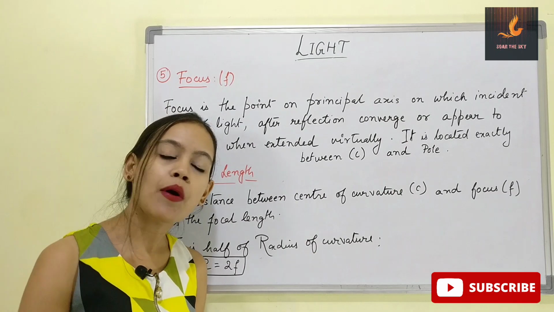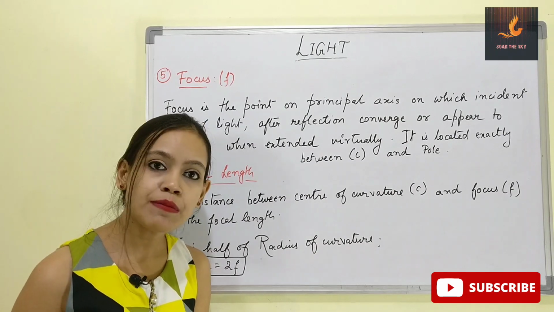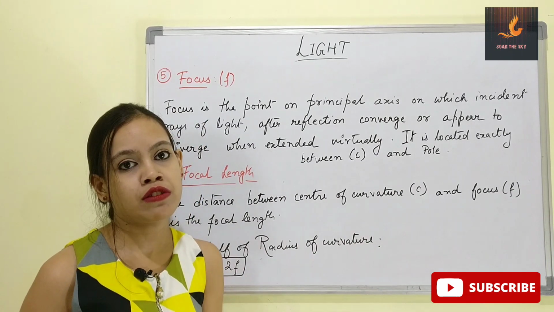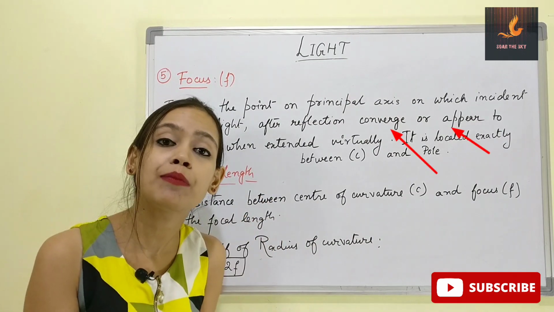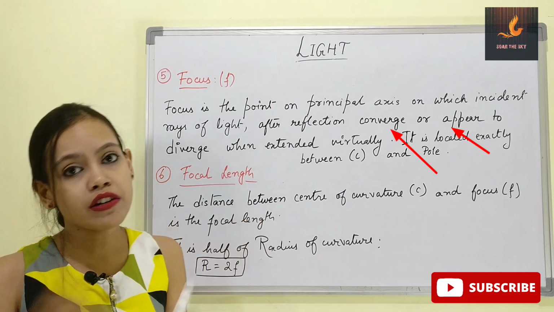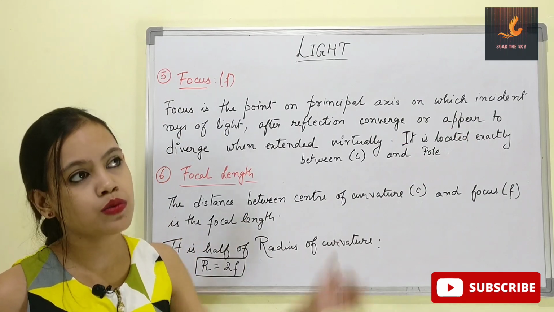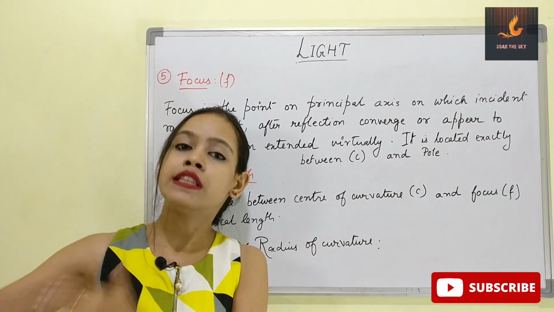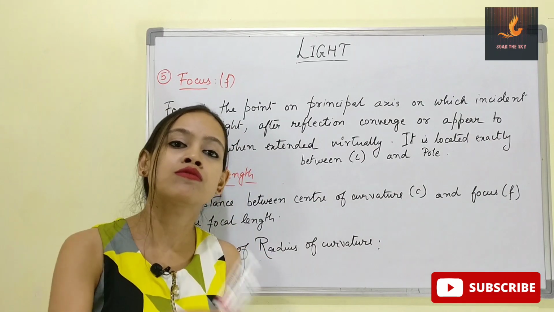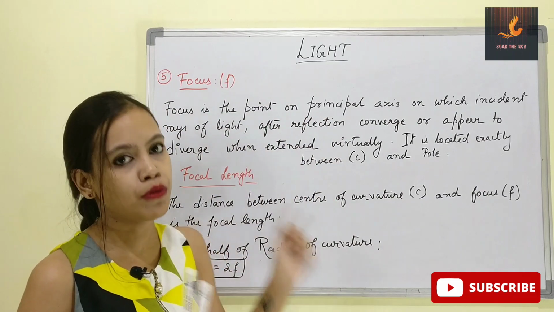Focus is that point where when the real images are forming after reflection, we can see they are converging at one particular point, and that point is focus. This converging of the incident rays occurs when the light rays fall on the mirror, and after reflection they just come back and pass through this point which is called focus.